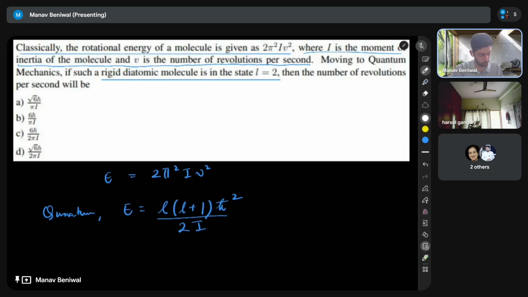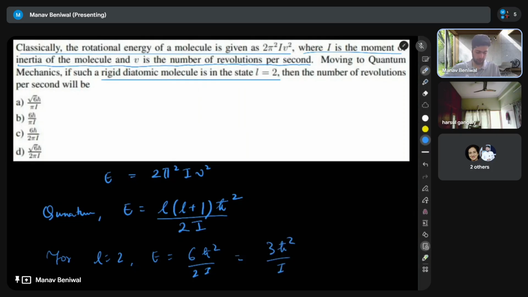Now for L equals 2, what will we get? Our energy becomes 2 into 3, 6 h cut squared by 2I, or 3 h cut squared by I. So this is our energy.